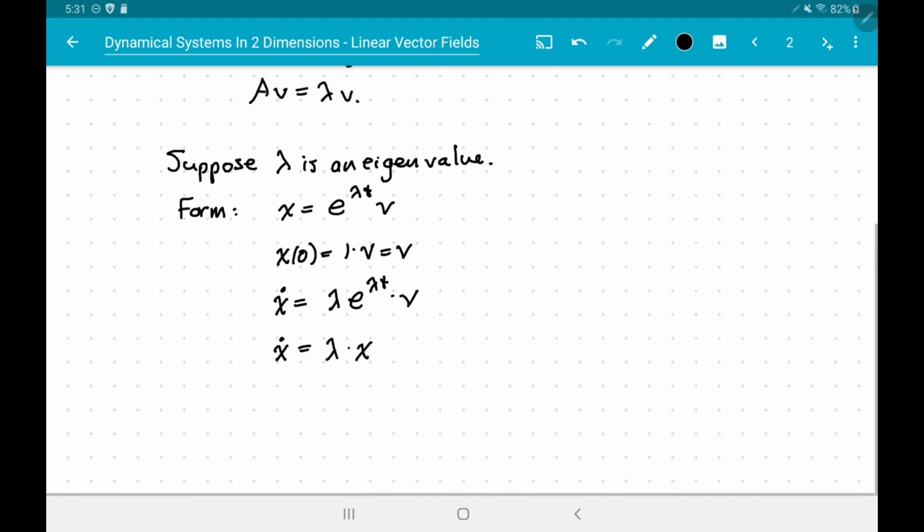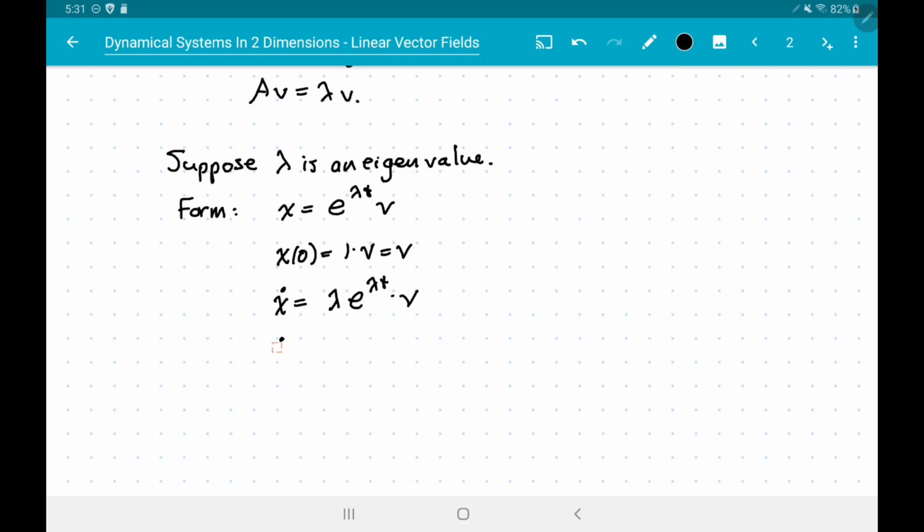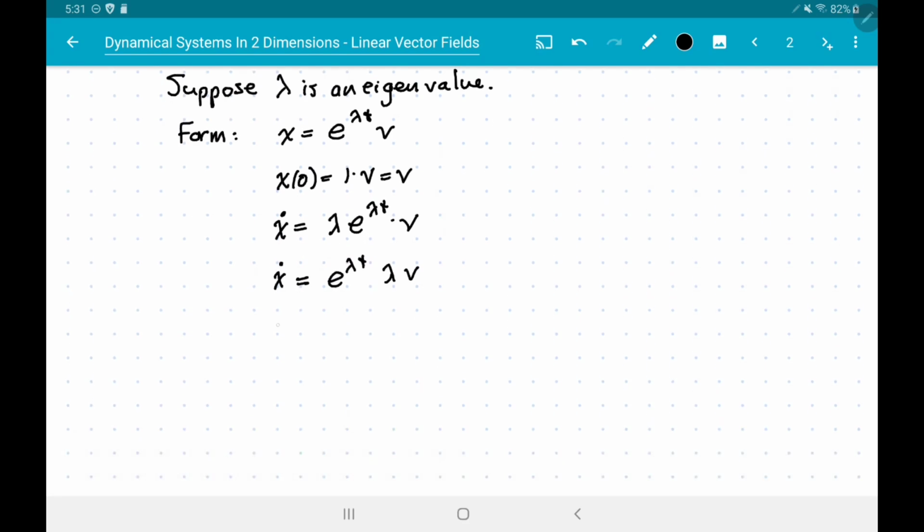Now, that means, maybe I should write it like this. x dot equals e to the lambda t times lambda v.